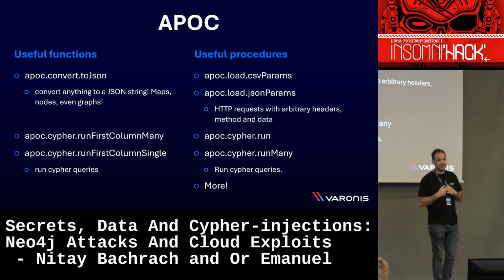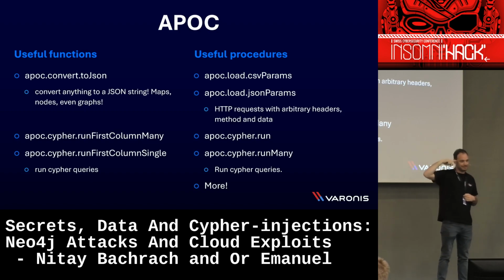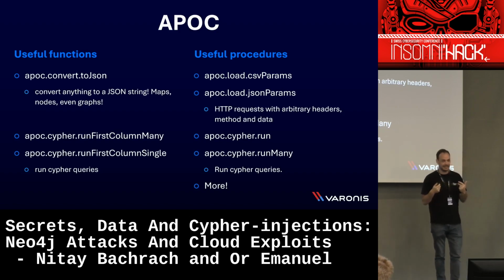But even more interesting are load CSV params and load JSON params. Earlier we saw load CSV. Does anyone here understand what the biggest limitation of load CSV is? Maybe you were able to guess it. Well, we can only do GET requests, and we cannot control the headers, and also not the payload.